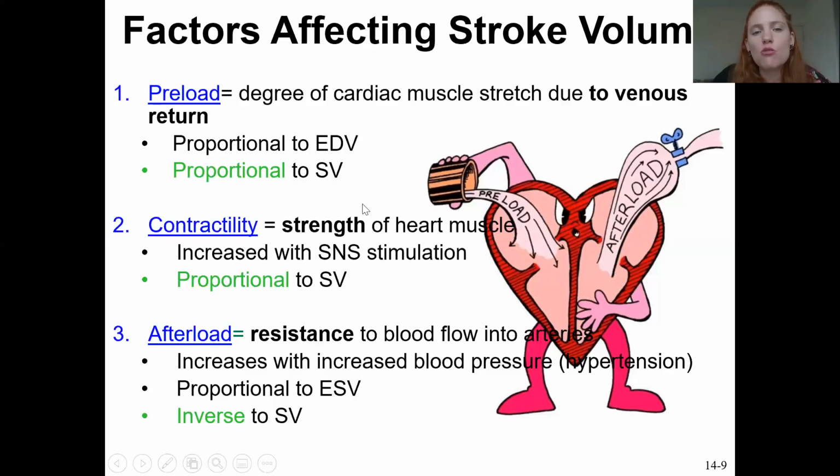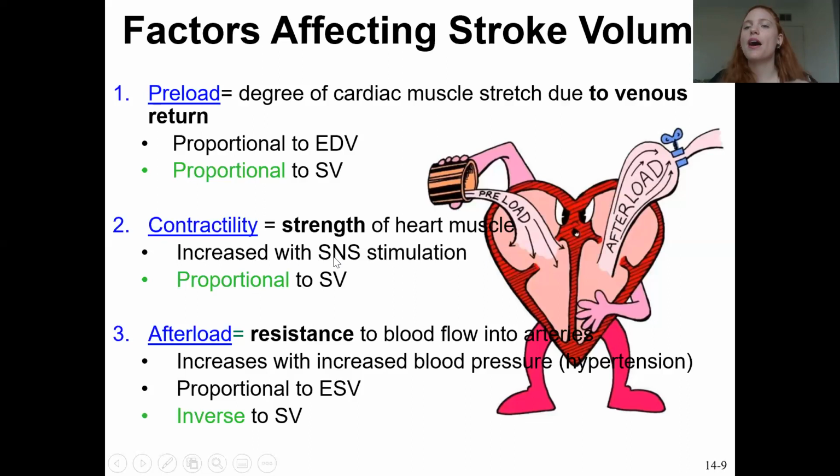That is the strength of the contraction. If the heart is contracting with more force, that's going to cause more of the blood to come out. So that also has a proportional relationship with stroke volume, because if you're forcing more of the blood out, more comes out. Stronger heartbeat, stronger contraction, more blood coming out.